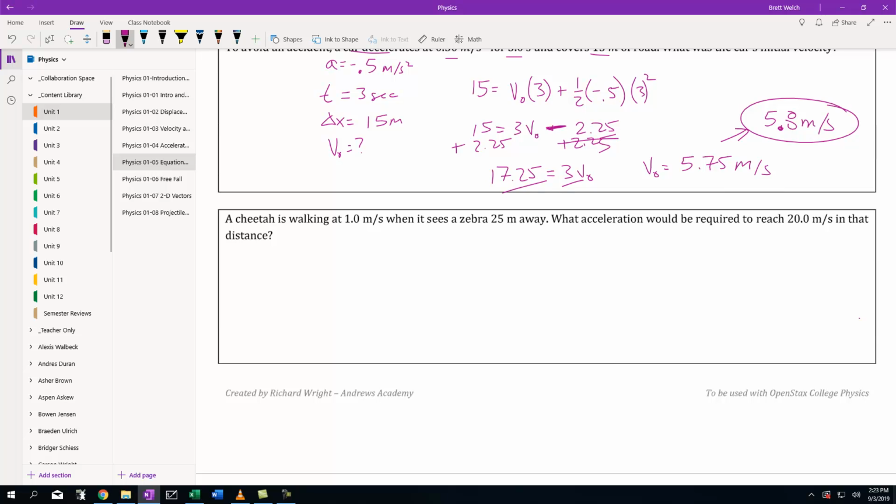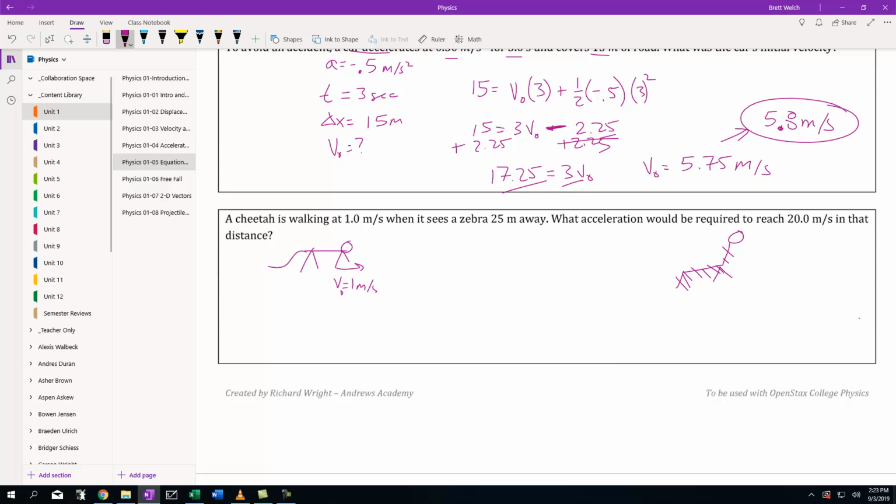So here we have a cheetah that's walking. There's our cheetah walking at a velocity of 1 meter per second. It sees a zebra, not a giraffe, just imagine that's a zebra.